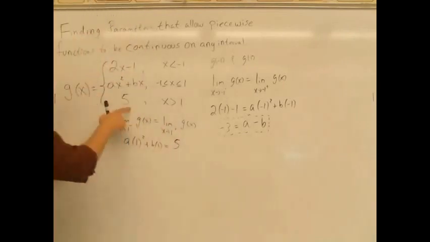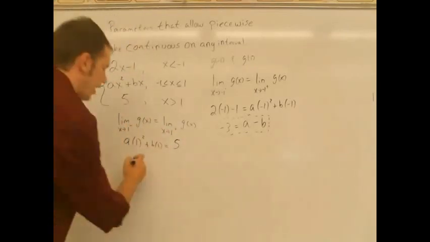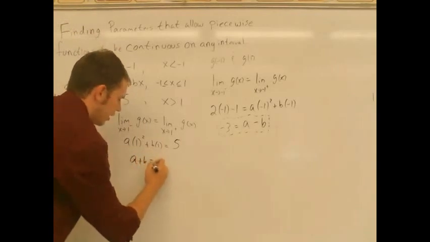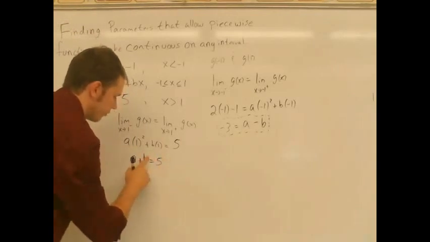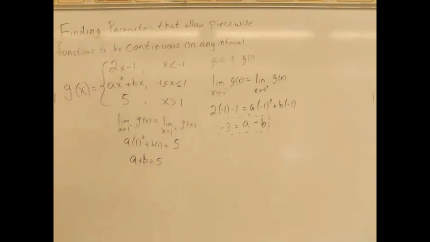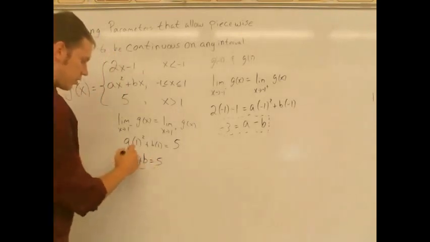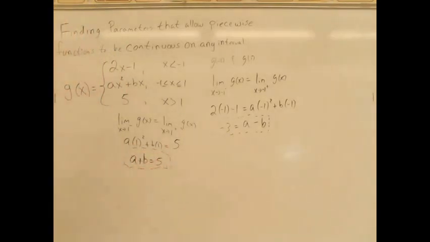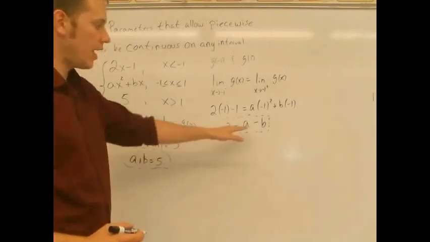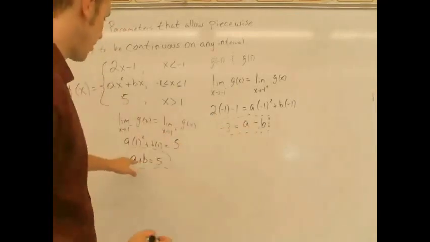Notice this one doesn't have a variable, so we just think it goes to 5. And we have a plus b equaling 5. So now we have a minus b equals -3 and a plus b equals 5.